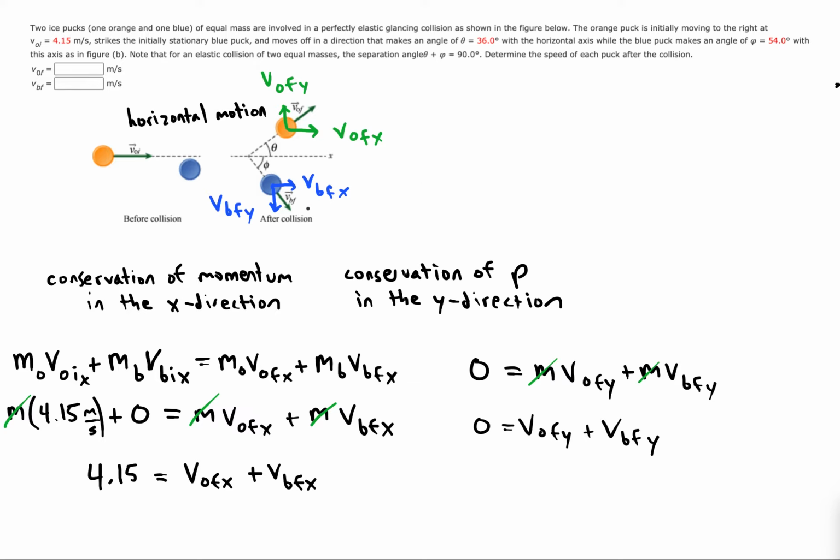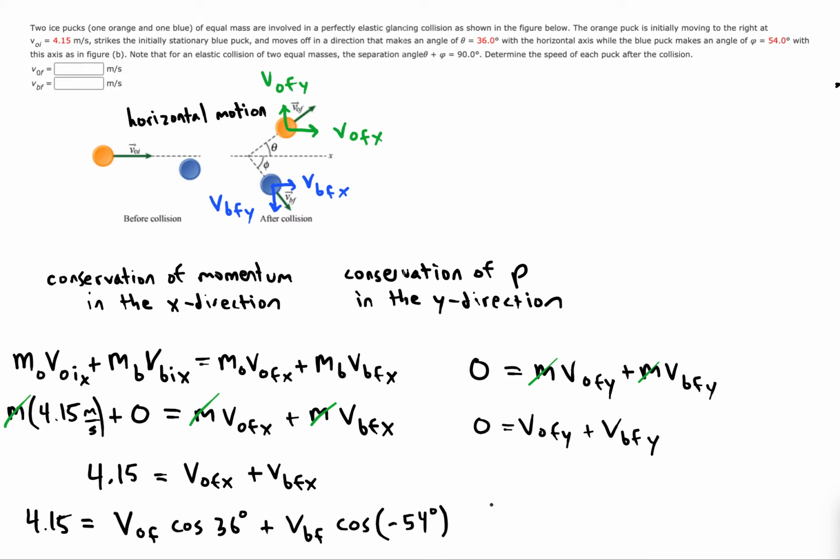But they of course have formulas, so 4.15 will equal VO final times the cosine of its angle, which is 36, and then VB final times the cosine of its angle, which would be negative 54.